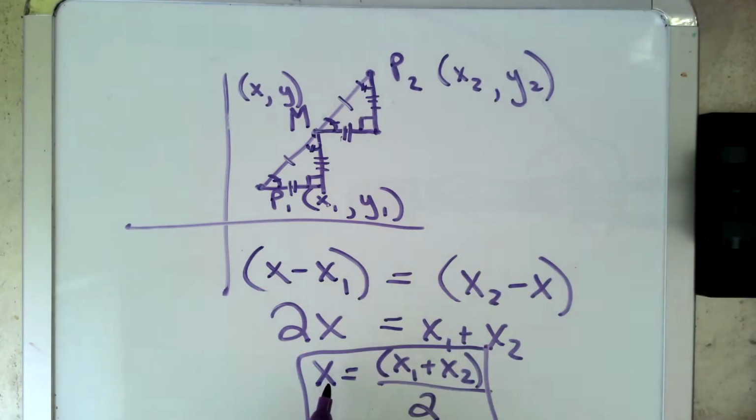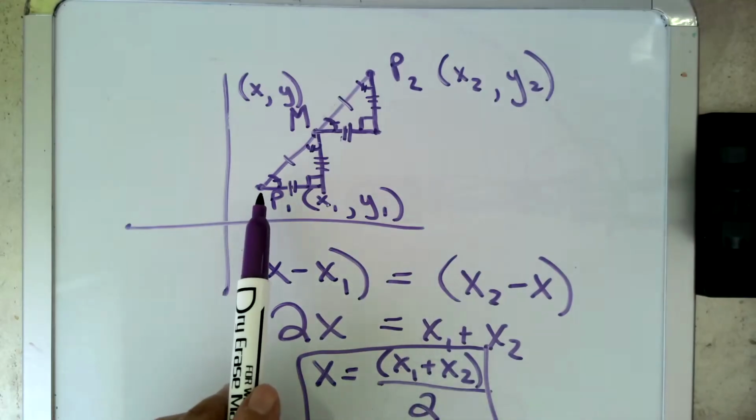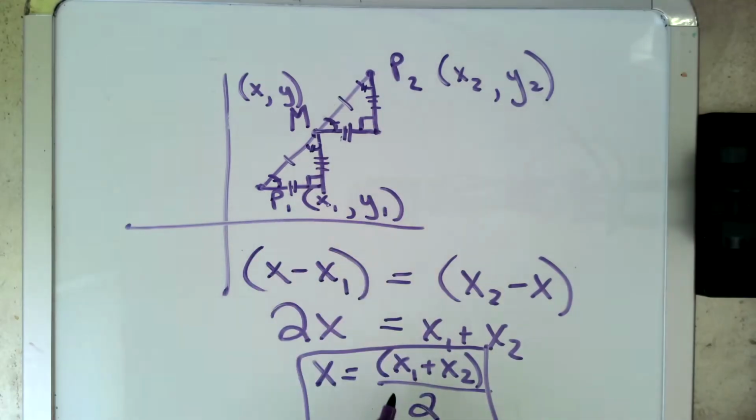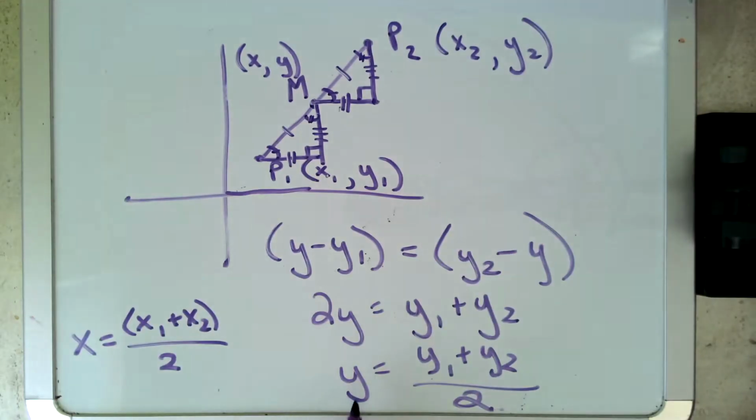The x coordinate of the midpoint is found by adding the x coordinates of my initial point and my final point and dividing by 2, or averaging them. Okay, if I repeat the exact same steps but with my y's, I find that y equals y1 plus y2 over 2, right?